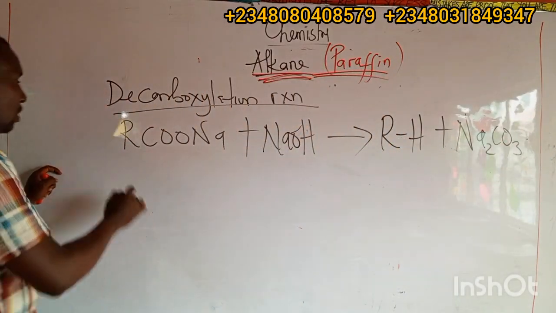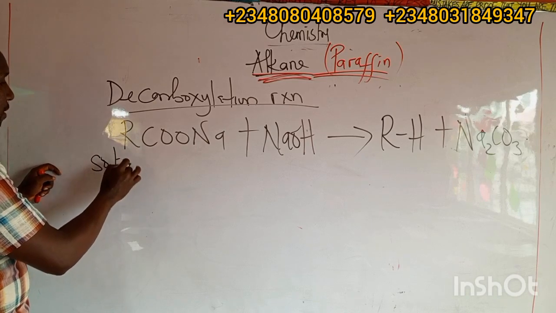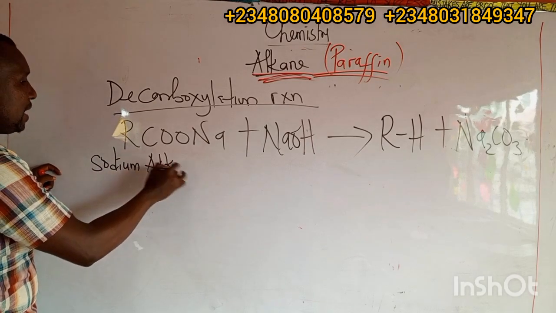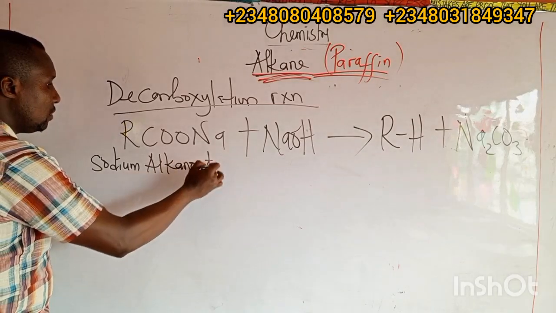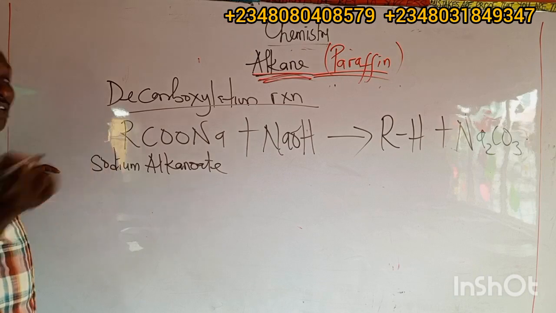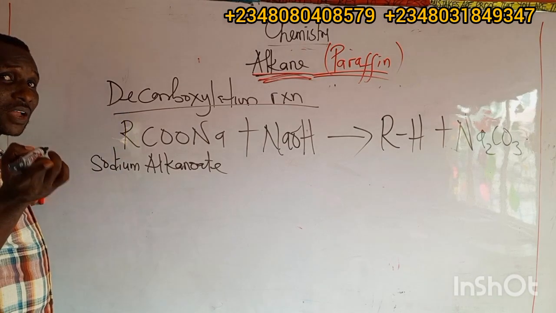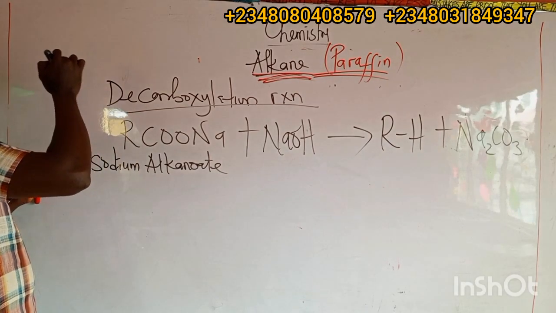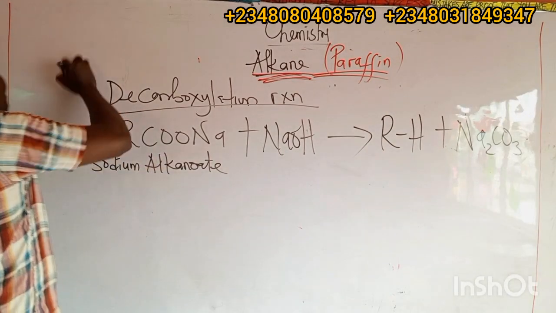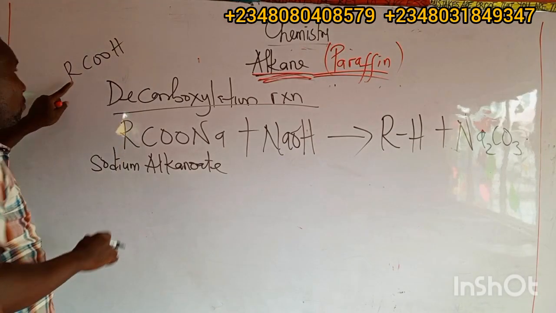This one is for sodium alkanoate. Don't forget the general formula of alkanoic acid, RCOOH. This is alkanoic acid.